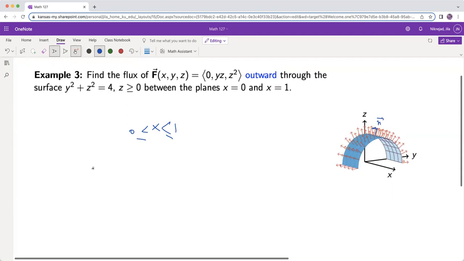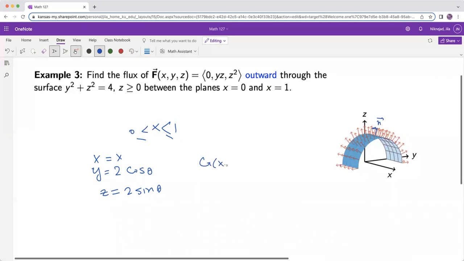If I was going to parameterize a circle, I would go y equal to, what is the radius? Let's see, the radius here is 2. So y equals 2 cosine theta, z equals 2 sine theta. But then x is the free variable, so x equals x.